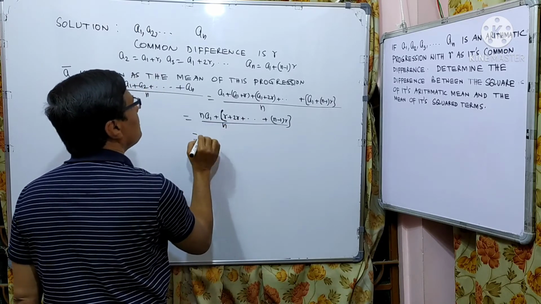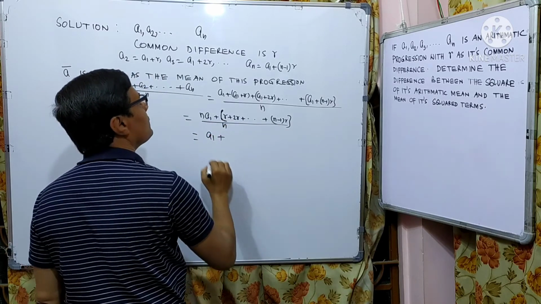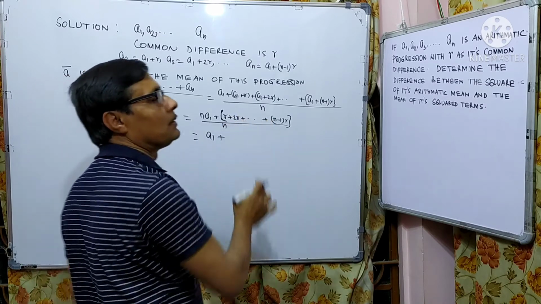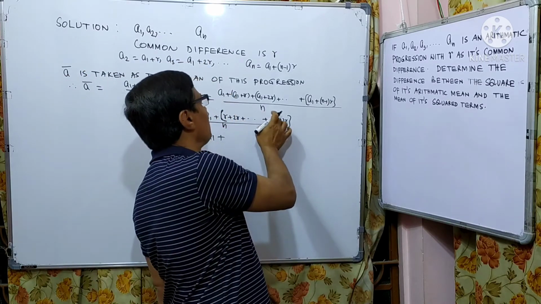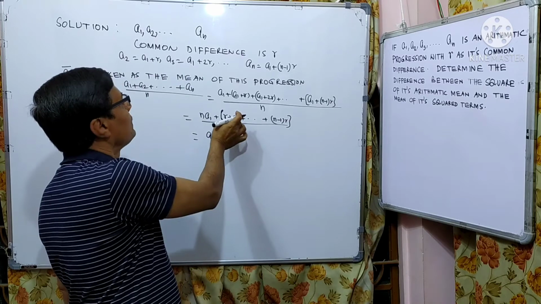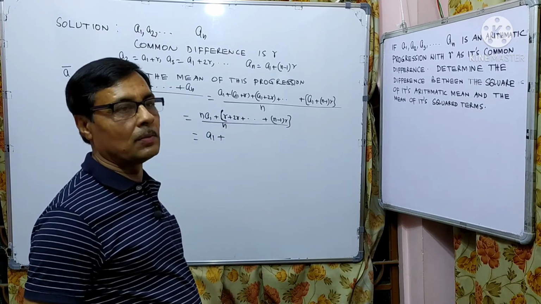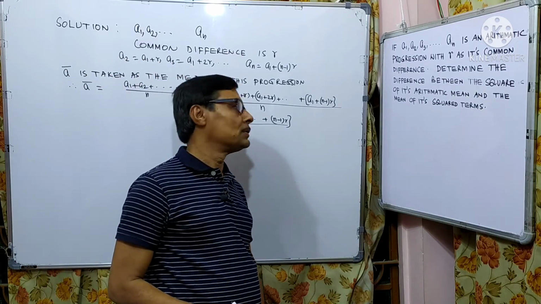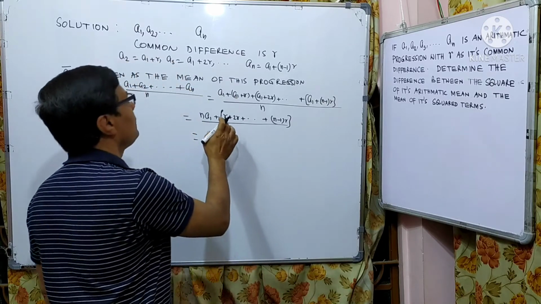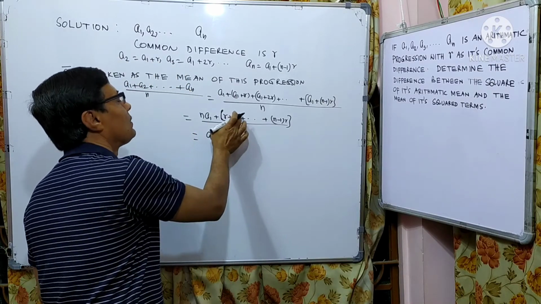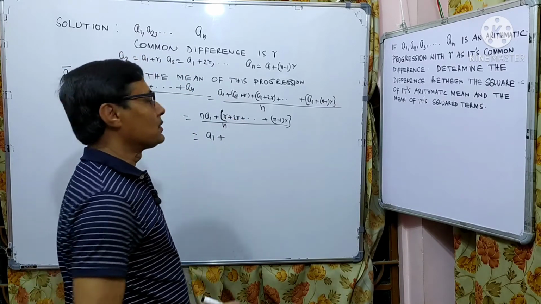This is equal to a1 plus, here this is also an arithmetic progression. So we have the sum of this arithmetic progression. We have already known the formula for the sum of an arithmetic progression. Here the progression is r plus 2r ... n minus 1 into r.